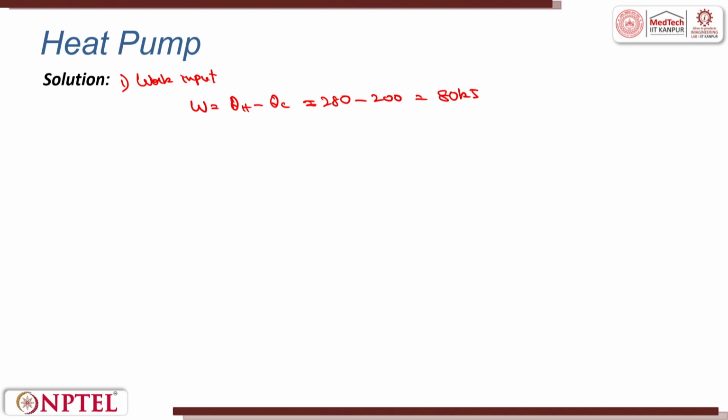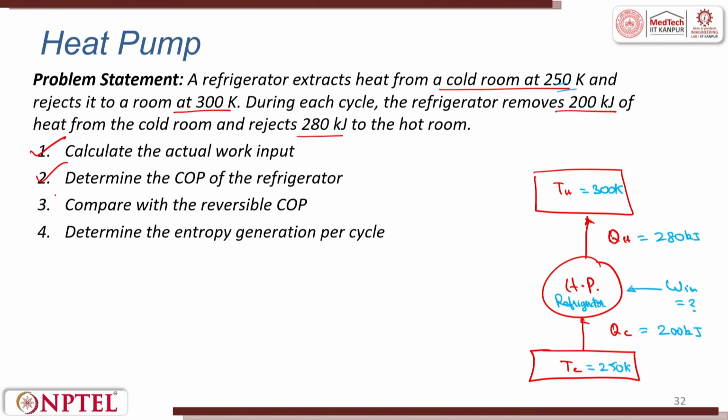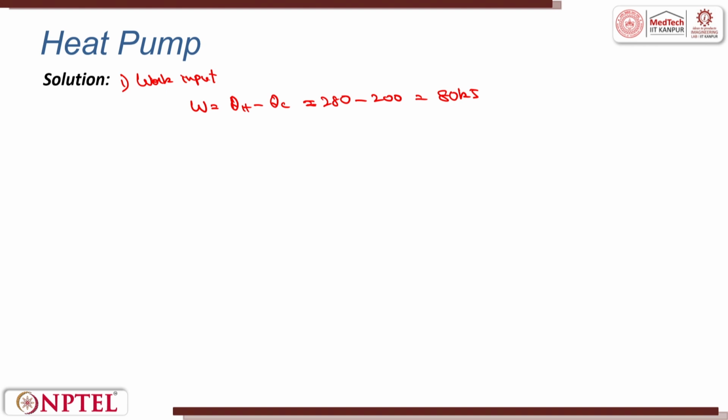It's a very direct calculation. Next part is to determine the coefficient of performance of the refrigerator. COP is equal to QC by W, that is 200 by 80, equal to 2.5.